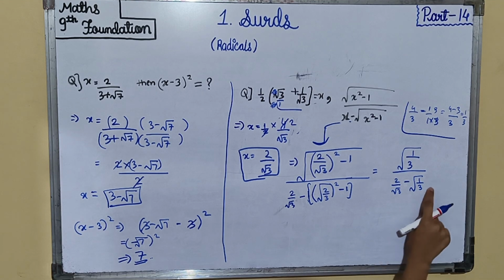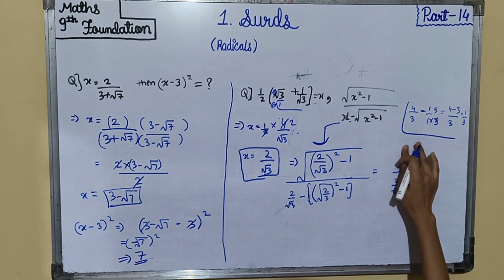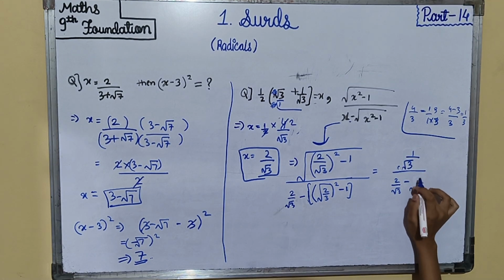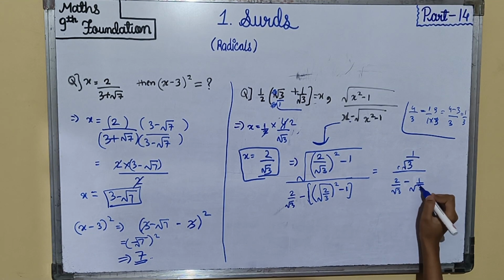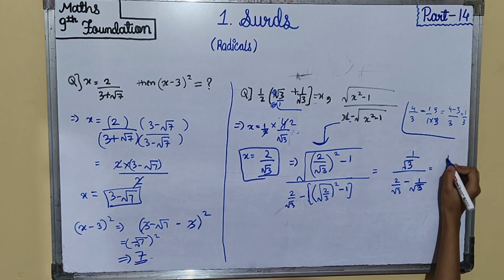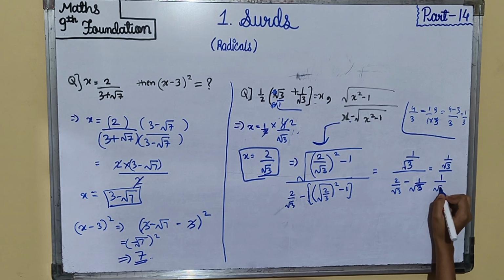Now we'll solve this. First we should know root 1 is equal to 1, so we'll write this as 1 upon root 3. 1 upon root 3. So denominators are the same, we'll subtract the numerators. So 1 upon root 3 upon, 2 minus 1 will be 1, 1 upon root 3 again.